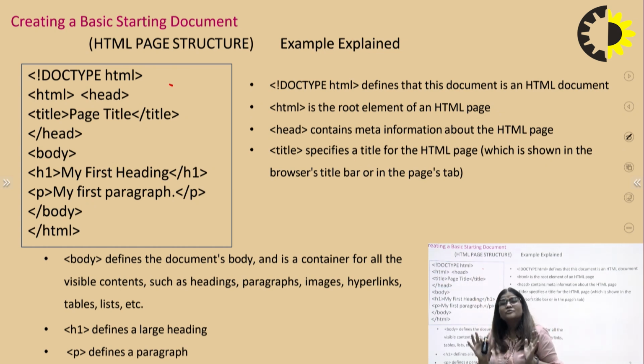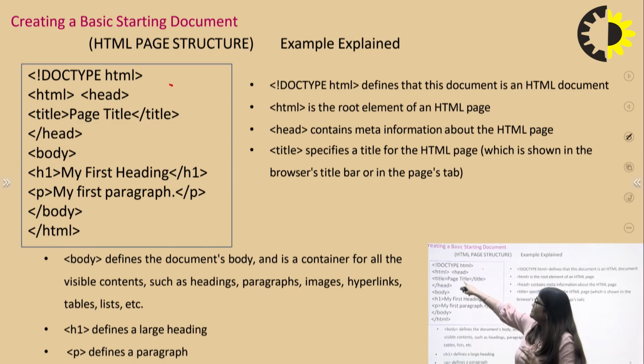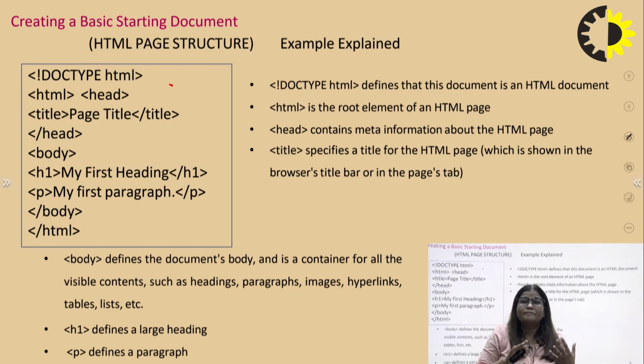The title is always written between the head tag, and whatever we write within this title should be a name, like web browser, which is displayed where the title goes. We are creating our web page, so whatever name we want for that page, we can write in this page title. And now, after head, we are starting the body.